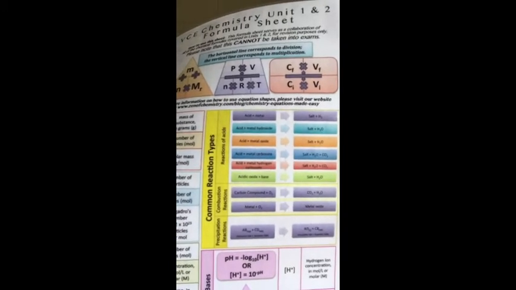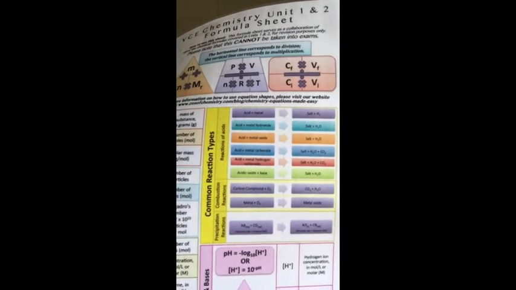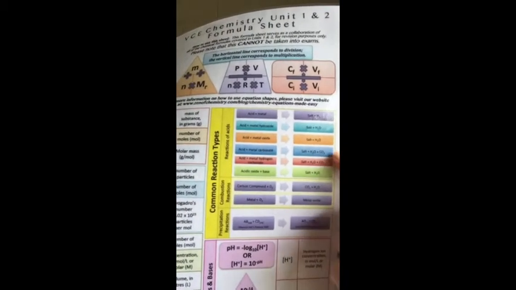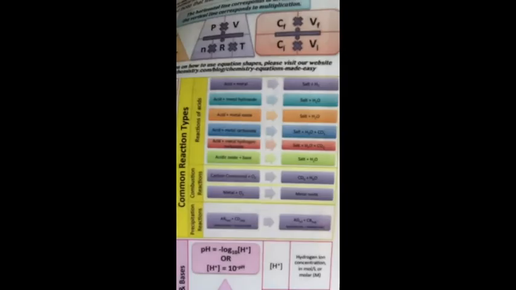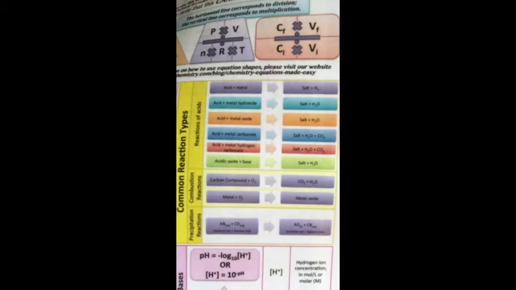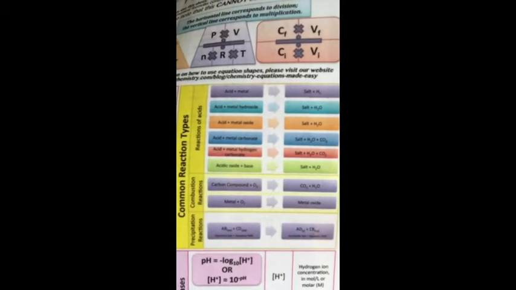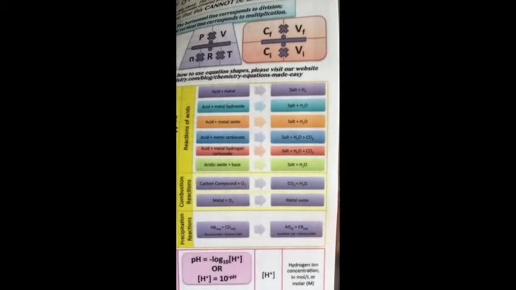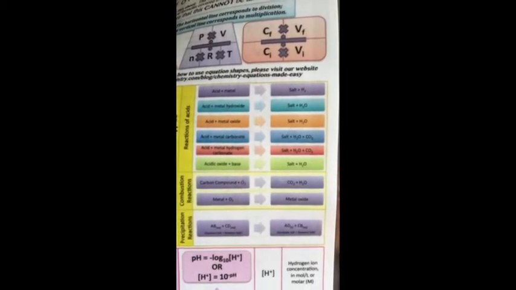The one at the top there, H2, we come back to our periodic table of elements. It has to be a gas. All right. Then we look down to our next one. So we have acid plus metal carbonate and acid plus metal hydrogen carbonate. Whether you have a hydrogen carbonate or just a carbonate, when you mix it with an acid, you're always going to get salt, water, and carbon dioxide.